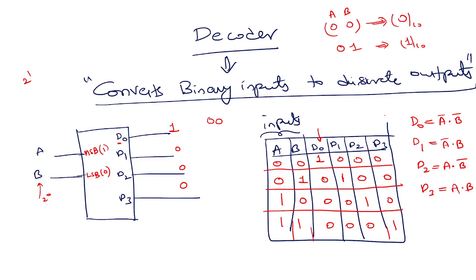Now, if I write in terms of minterms, D0 is nothing but M0, right? D1 is nothing but M1. D2 is nothing but M2. D3 is nothing but M3. That's all. This is all the discussion about the decoder. Nothing less, nothing more. If you know these three views of the decoder, you can solve any problem. That's for sure. Okay, so let's take a break now.